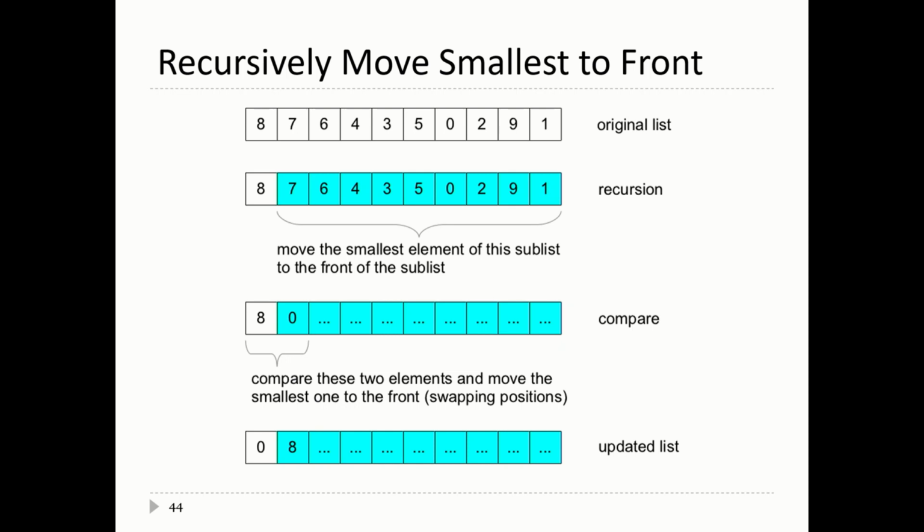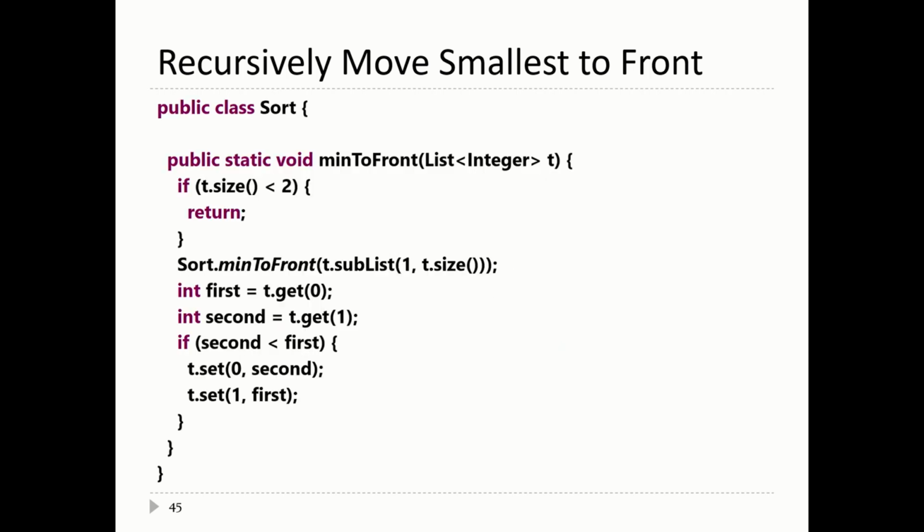And you'll see that it does in fact move the smallest element to the front of the list. This one's probably a bit unusual because the recursive call is in the middle of the method. Normally when students see recursion for the first time, the recursive call is at the end. But here, it's way up at the front, which is a bit funny. So you recursively do something, and then you solve the rest of the problem after doing the recursion.